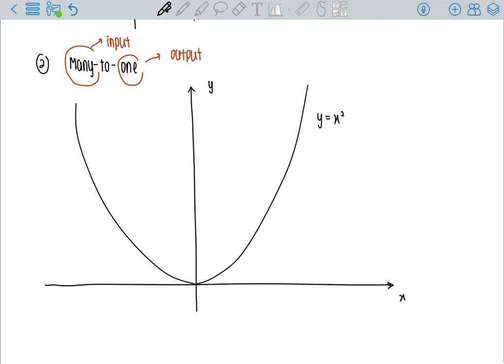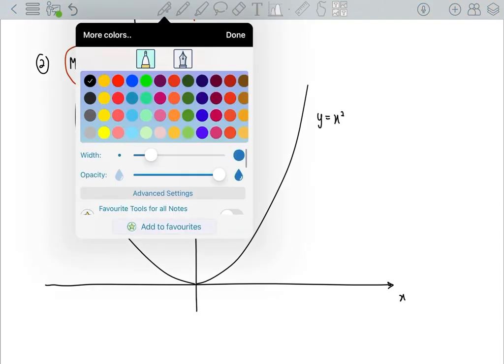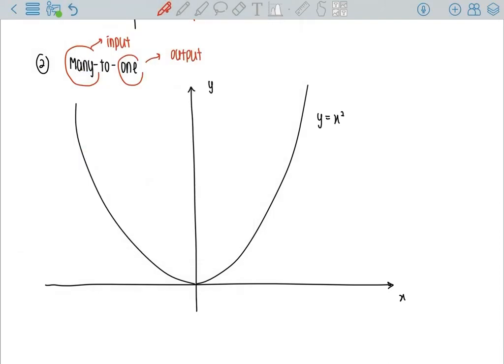And why is it a many-to-one mapping? It's because if we take an unknown, for example, x equals a as our input, we can see it touches one point of the graph. We are going to read the y value for this. For example, here can be y equals b. If we continue to extend y equals b, we will see that it touches another point on our graph.